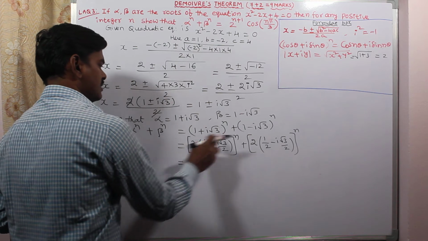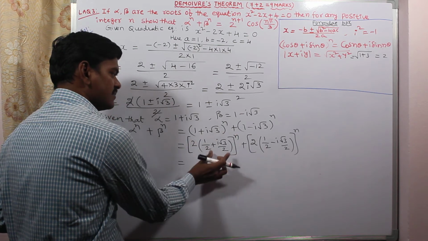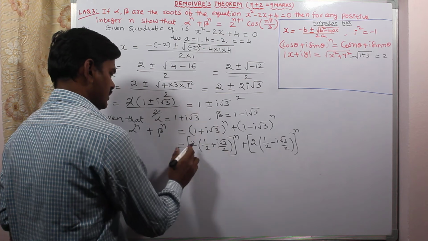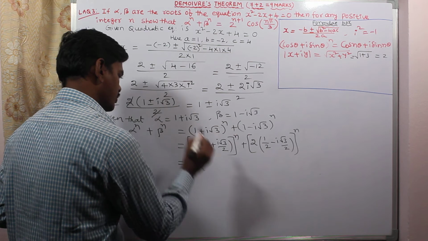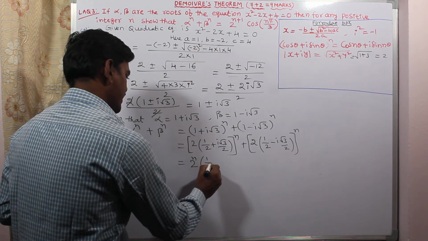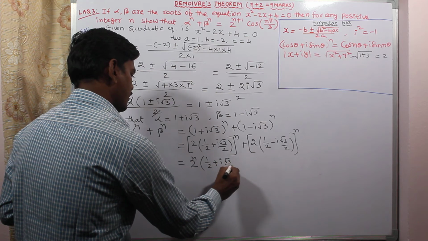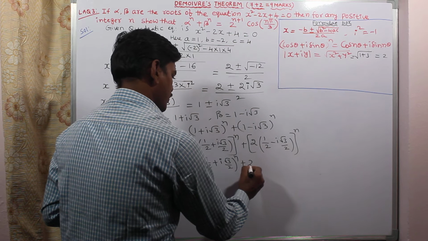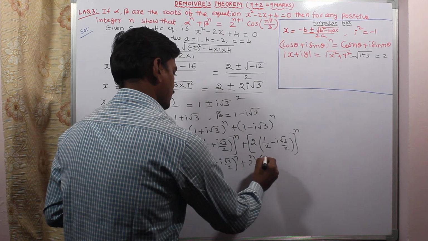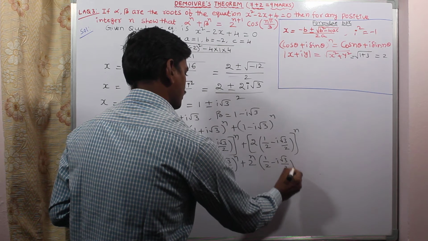Now this power n is applicable for both the terms, for both the 2 as well as the bracket expression. So let me apply 2 power n into (1 by 2 plus iota into root 3 by 2) whole power n, plus the same 2 power n into (1 by 2 minus iota into root 3 by 2) whole power n.